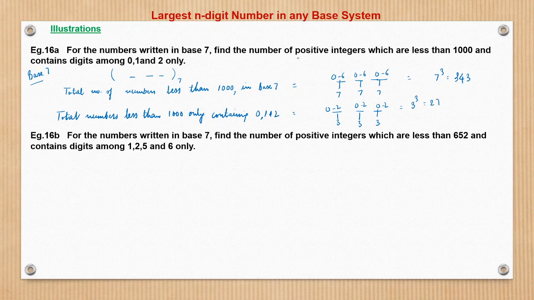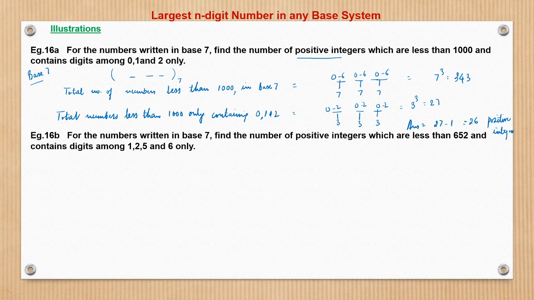But since the question asks for positive integers, there is one case where all three places take 0, 0, 0, which is 0 basically, and we subtract that. So the answer would be 27 minus 1, 26 positive integers. This is the answer, 26.